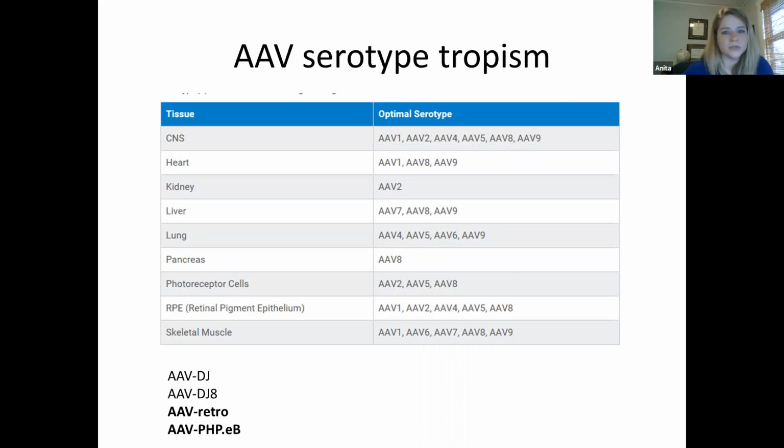Almost always we're using AAV2 as the genome backbone, but because we're supplying the capsid in trans, you can have any capsid that you want. So we're talking specifically about the capsid when we talk about serotype. I always get confused when it's like, no, it's AAV 2.1, it's 2/1. It means the second one is the capsid, the first one is the backbone.